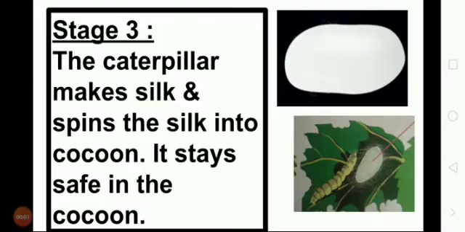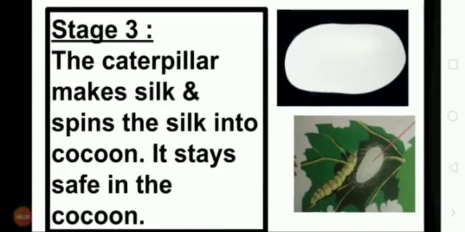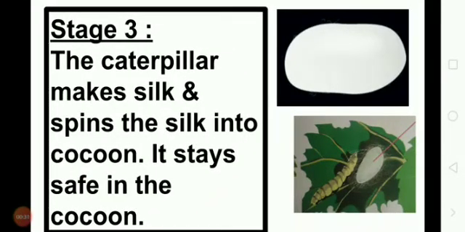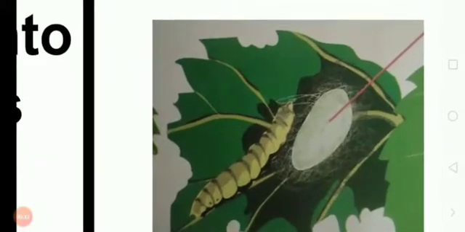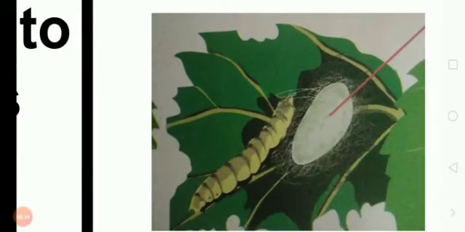Now moving on to stage number 3, which is the most important stage of the life cycle of the silkworm. Stage number 3: the caterpillar makes silk and spins the silk into a cocoon. It stays safe in the cocoon. In the second stage, the caterpillar came out of the egg, and what happens next is it stays on a mulberry tree like this, and it spins silk around itself.